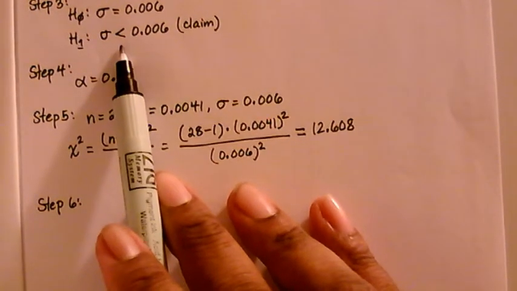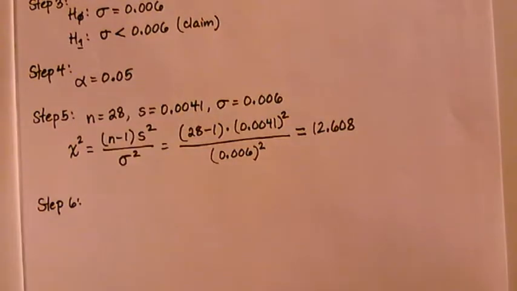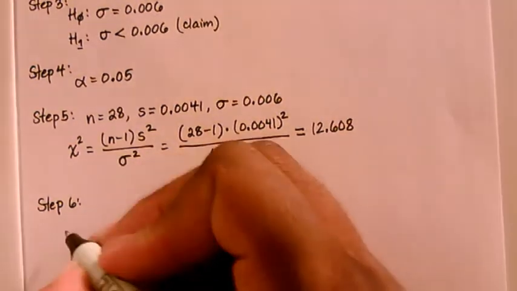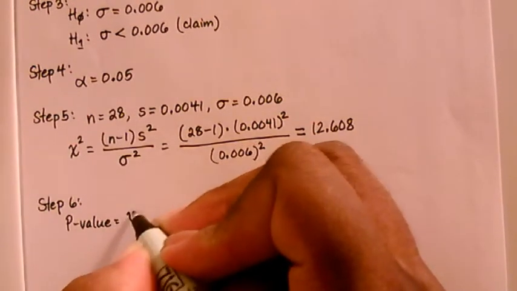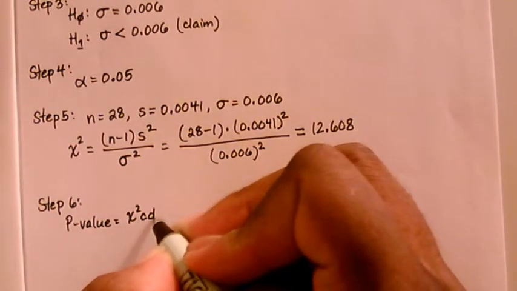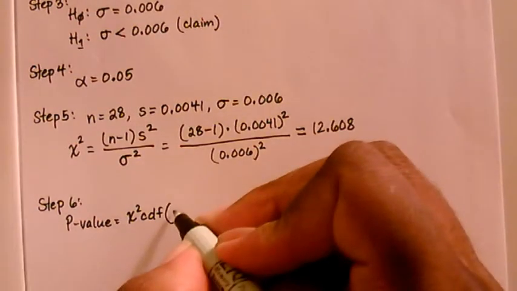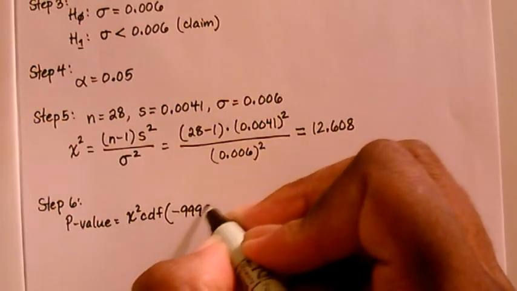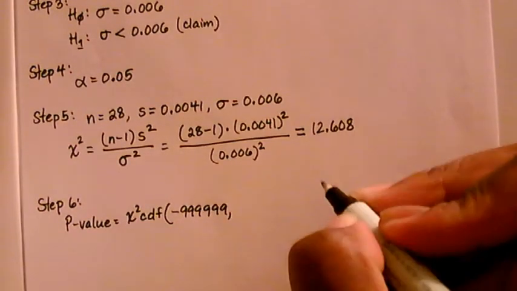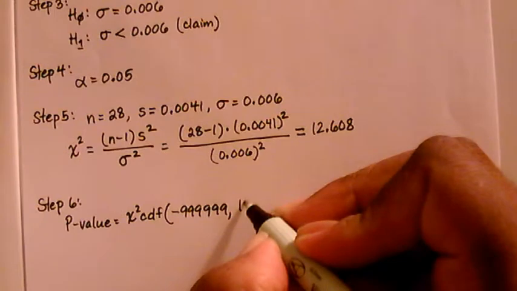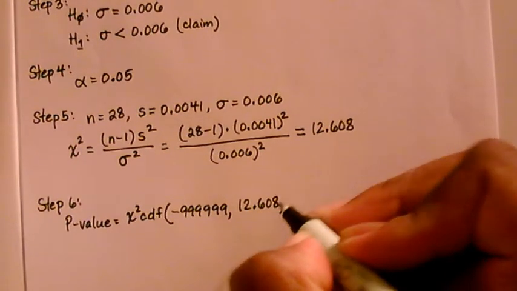Less than tells me I have a left tail test. So to find that p-value, it's simply going to be the chi-square CDF. My lower bound is negative 999,999. Then the upper bound is your test statistic of 12.608.